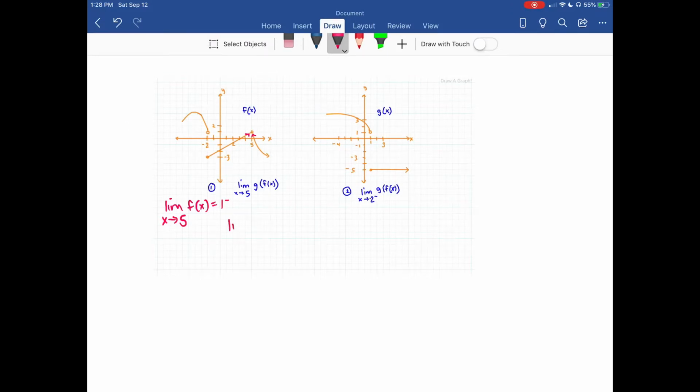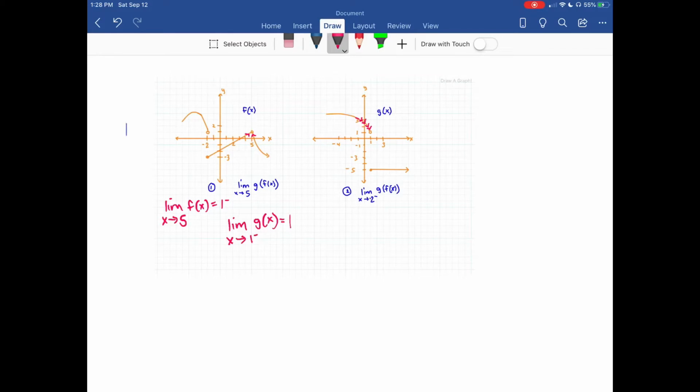Now we're going to take that value that we just got, 1 from the left, and see phase 2. What's going on with my outermost function, g, as x approaches 1 from the left? As I'm approaching 1 from the left, I can see that my graph is approaching 1.